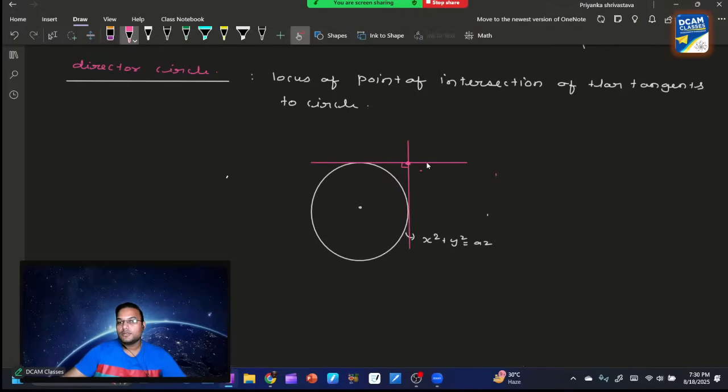We want the locus of this point. I have already told you this director circle is actually concentric with the original circle. Concentric with the original circle means it has the same center.